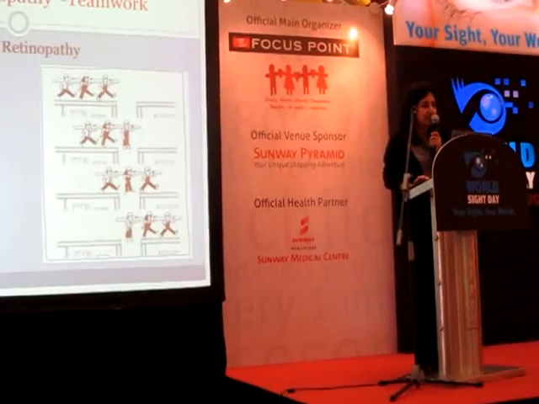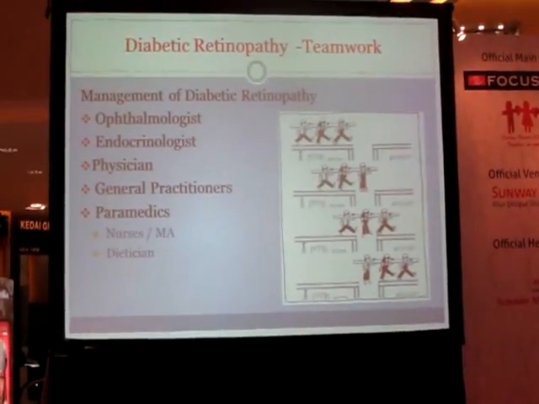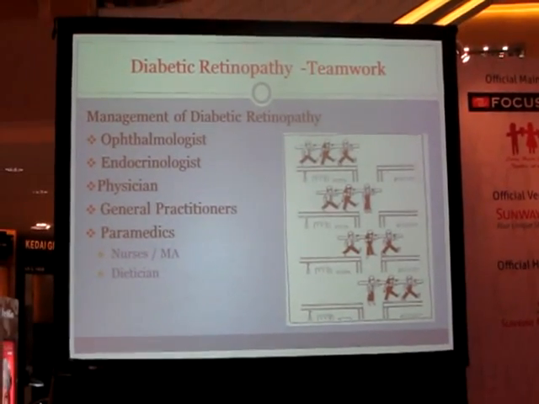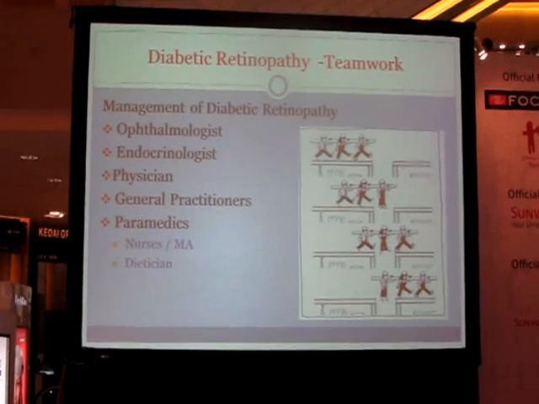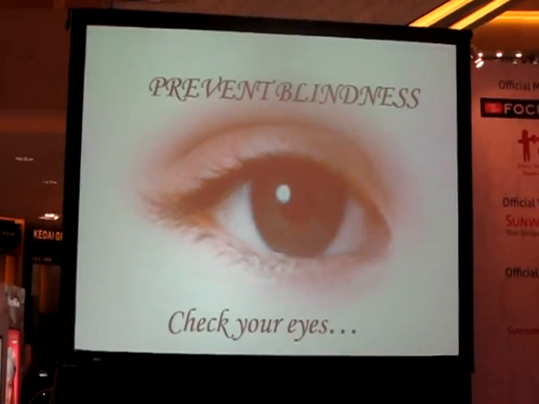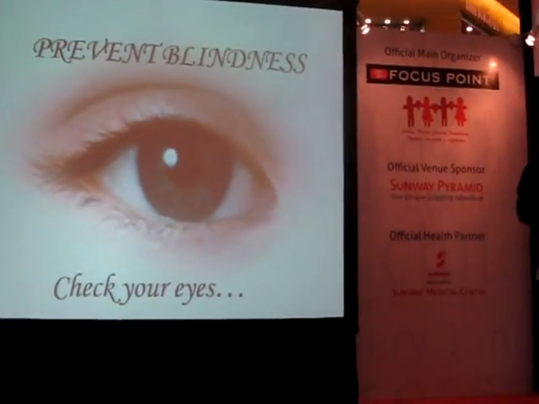Diabetic retinopathy is a teamwork, so it might be your diabetic doctor or your optometrist who asks you to go for a checkup. And even though you may feel there's no problem with your eye, that you see very clearly, remember that we have to prevent blindness and check your eyes, even if you feel it is normal.